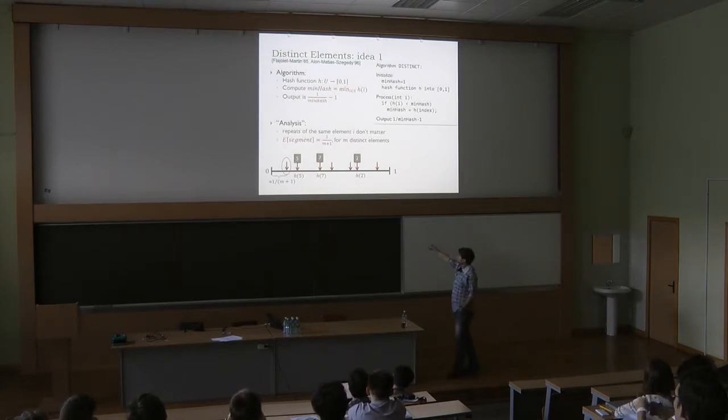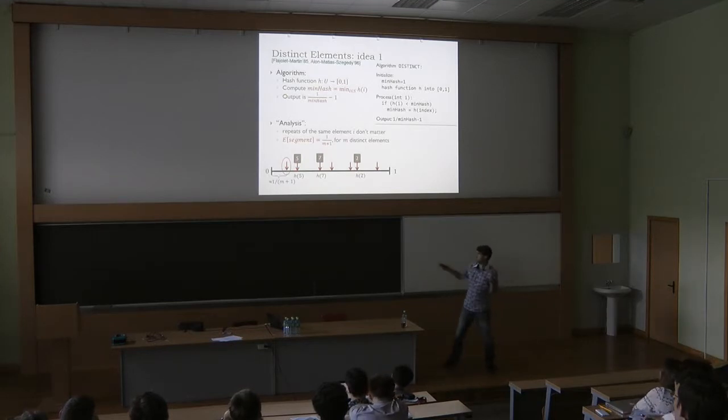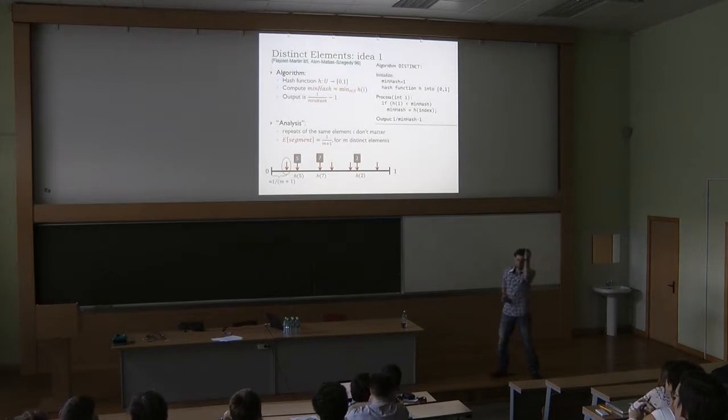Imagine we have m arrows here. I'll tell you the proof now, of why the expected length of this segment is 1 over m plus 1. We have m arrows here.